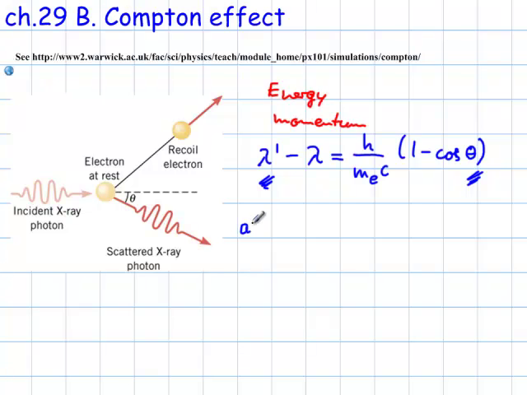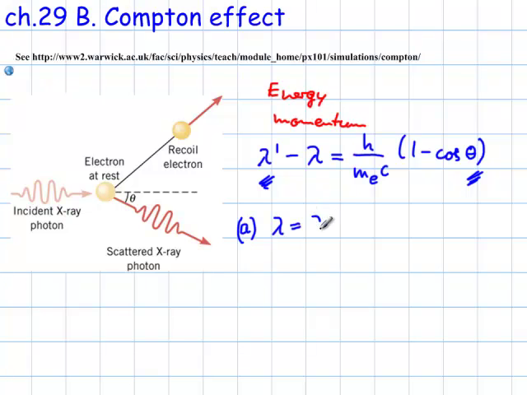So in part A, we determine what lambda is. In this case, they tell us to figure out not the wavelength of the scattered photon, but the wavelength of the incident photon, lambda.